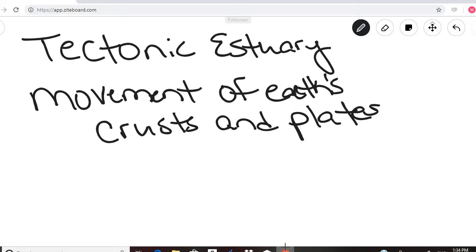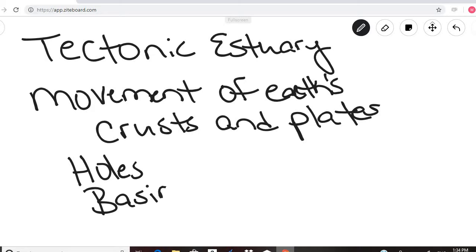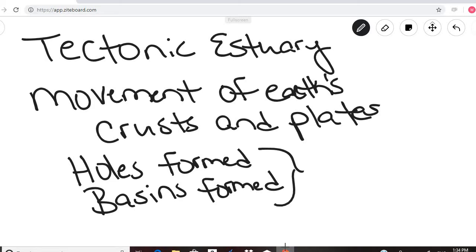So as you get this movement, you get holes and basins formed. And then those fill with water.